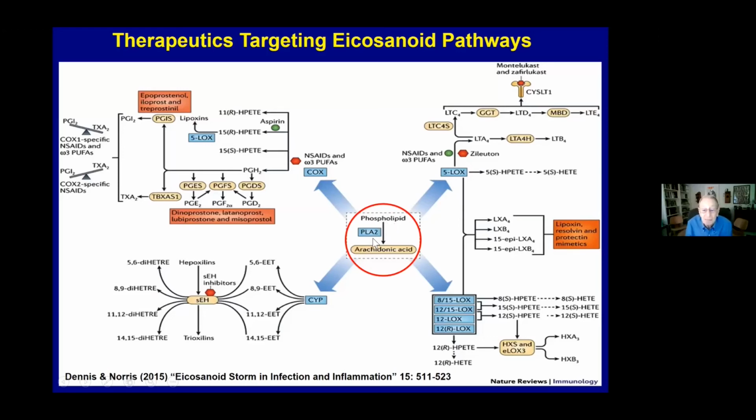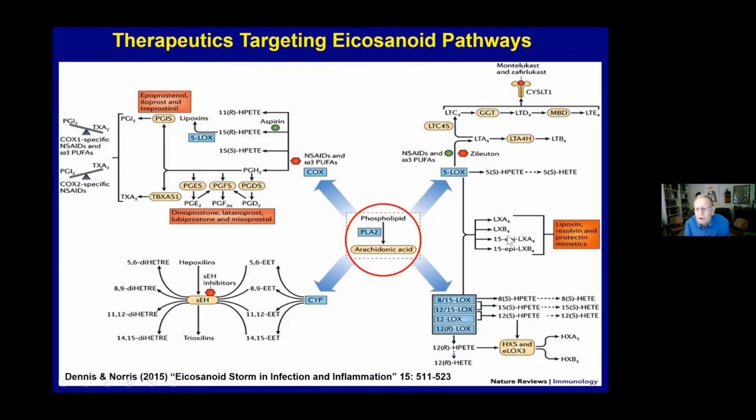Here's the phospholipid, PLA2 making arachidonic acid. In orange are all the drugs and pharmaceutical agents in the world that are used today to block various steps in the icosanoid pathway.